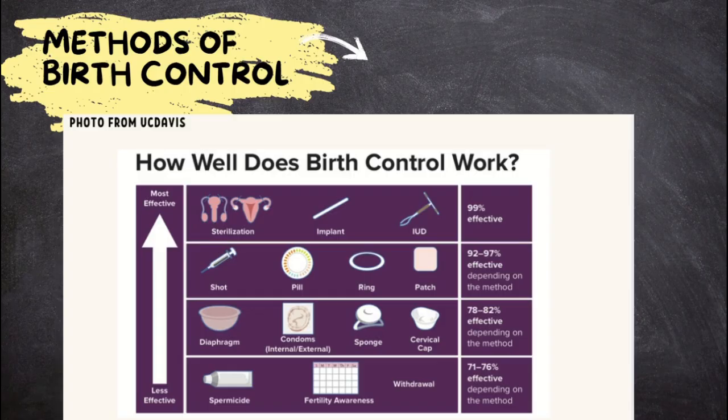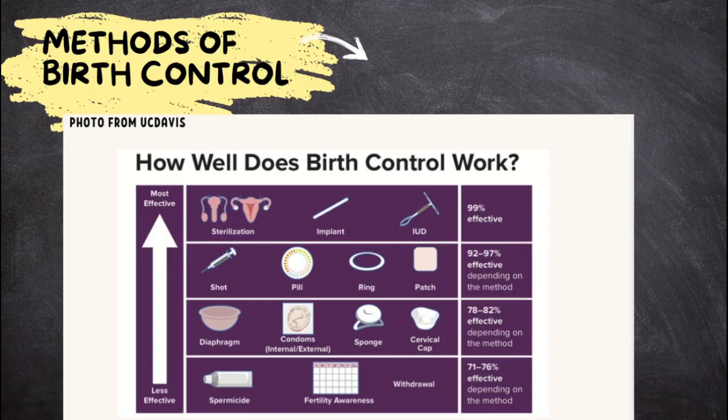Then in the 78 to 82% effective range, you have the cervical cap, sponge, condoms, diaphragm, that's in a different category. And then at 92 to 97%, we have the shot, pill, the ring and the patch.